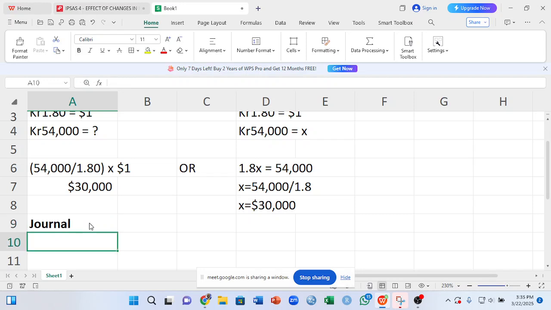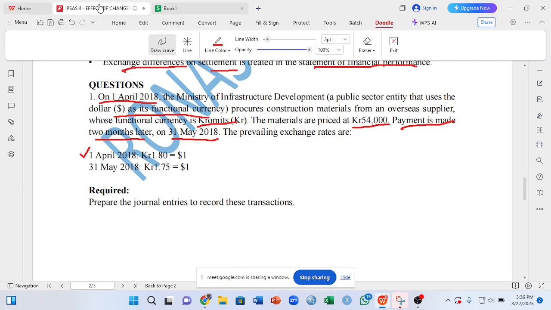Anyone to help us? What are you going to debit? What are you going to credit? Can you go back so that we see the question?